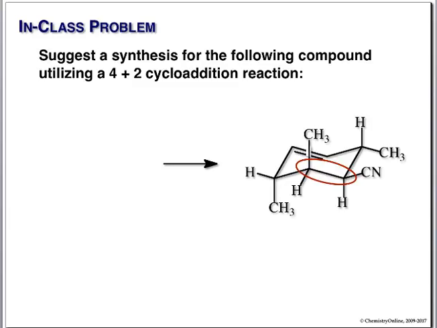What is their stereochemistry? Are they cis or trans? Well, they're both pointed up, aren't they? So that's cis. So we have a simple alkene, a methyl, a nitrile, and cis stereochemistry.